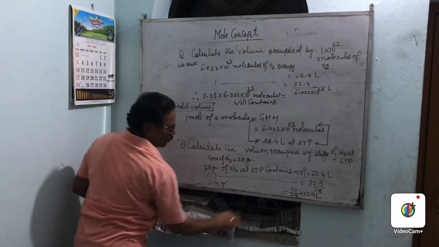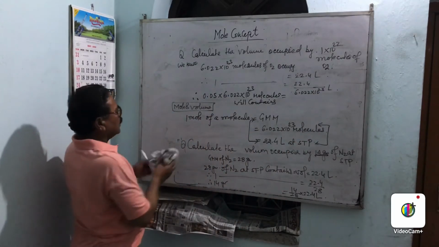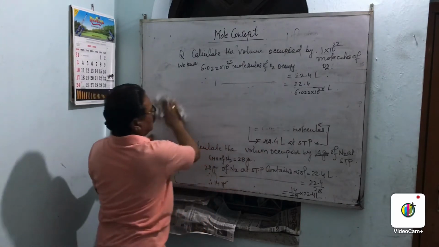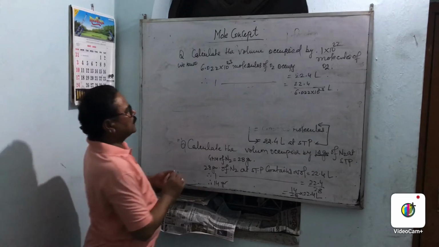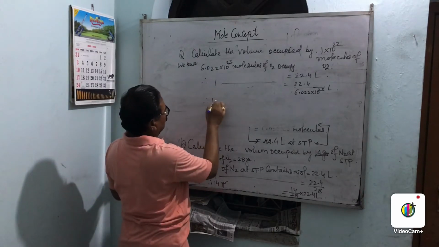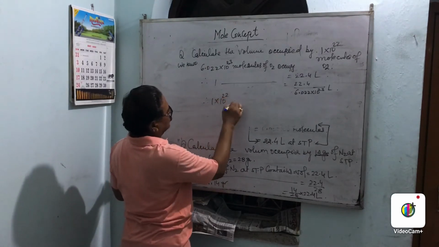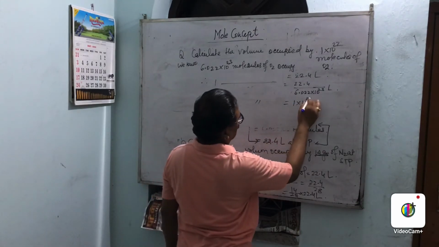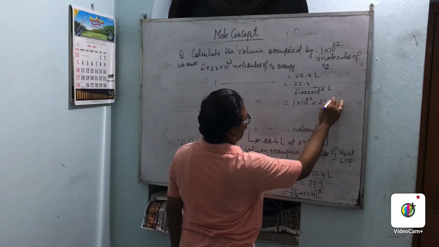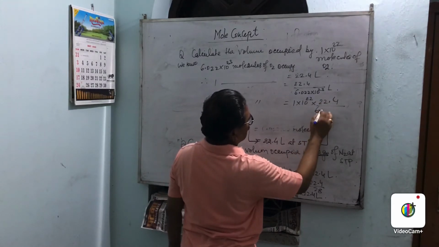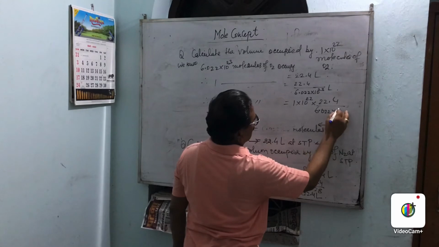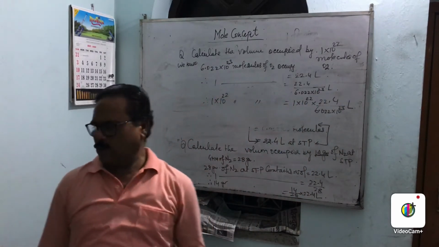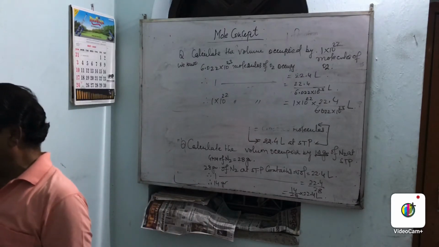So how many molecules are given here? 1 into 10 to the power 22 molecules of dioxygen will occupy 1 into 10 to the power 22 multiplied by 22.4 divided by 6.022 into 10 to the power 23 liter, or milliliter, whatever the unit is, you may convert the unit that way.